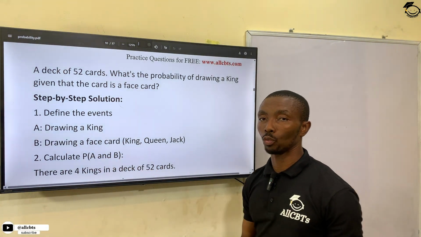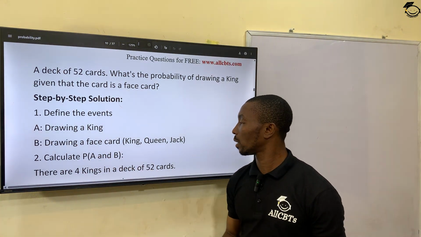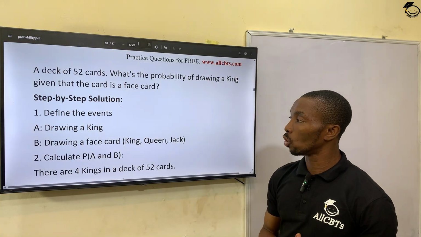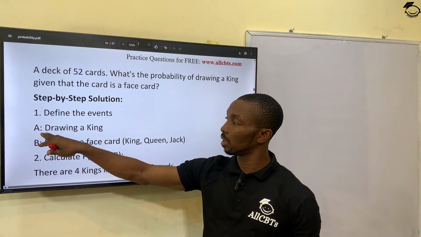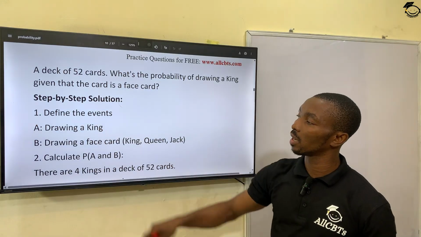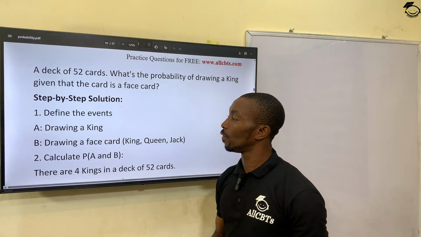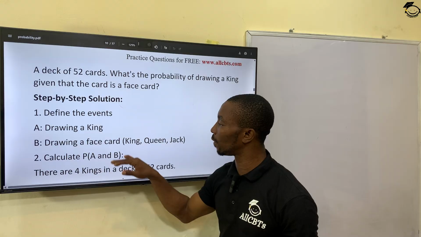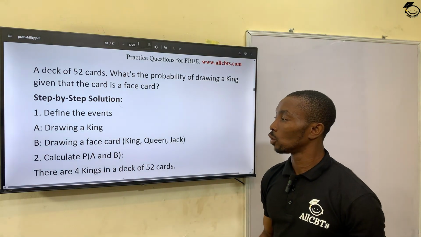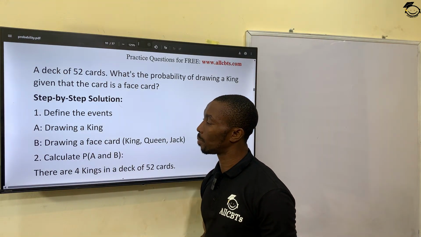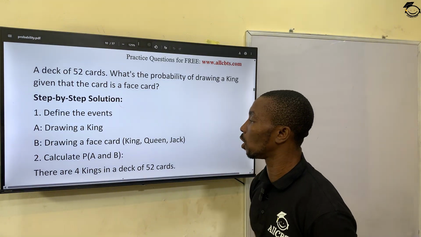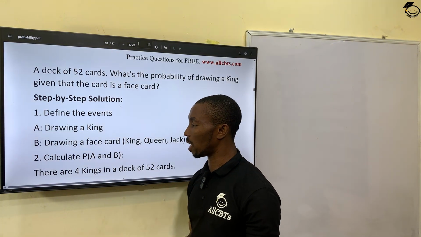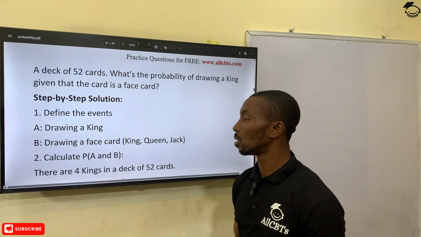On my card, we have the king, the queen, and the jack. So we call our event A the probability of drawing a king, and event B the probability of drawing a face card. The next step is to calculate the probability of event A and event B.